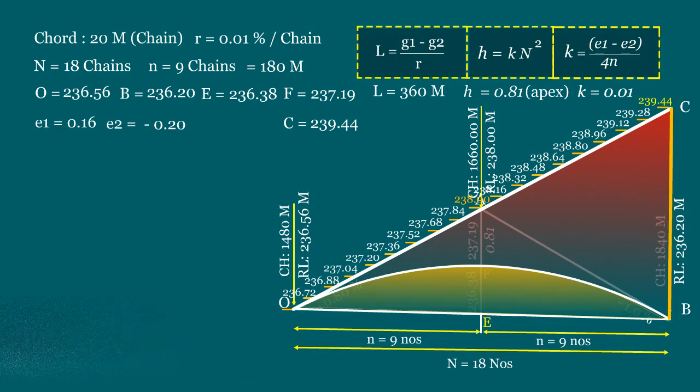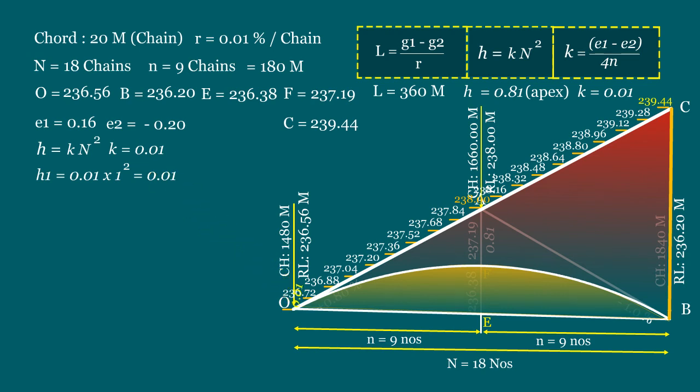Now, we will start calculating the tangent correction. That is, H value of every peg. The formula to calculate the H value is K into n square. Here, the K value is 0.01. So, the tangent correction of first peg is 0.01 into 1 square. That gives the value of 0.01.